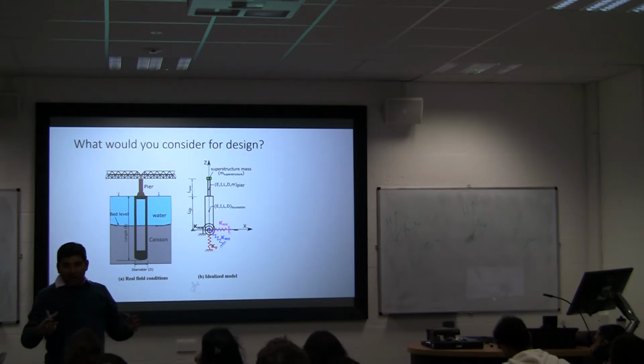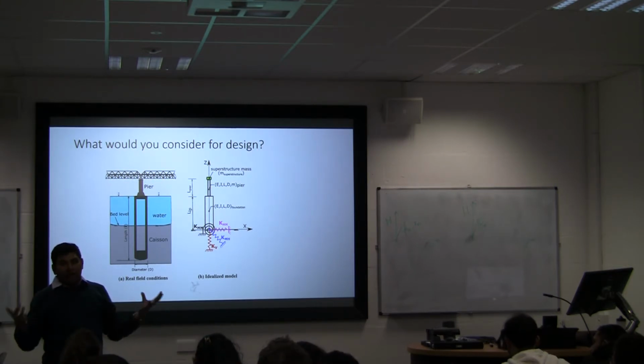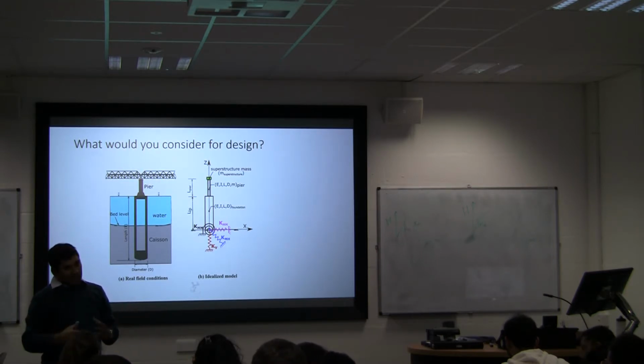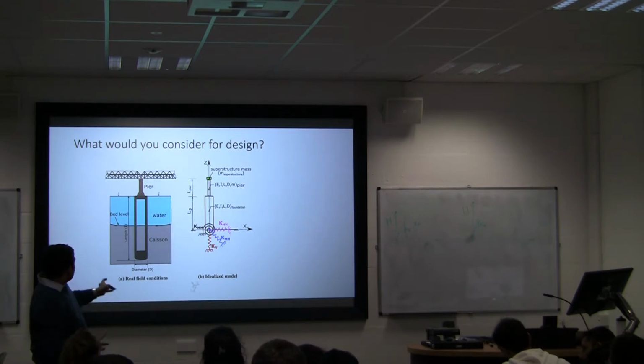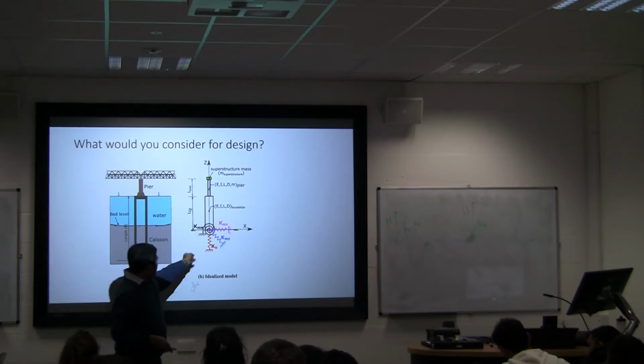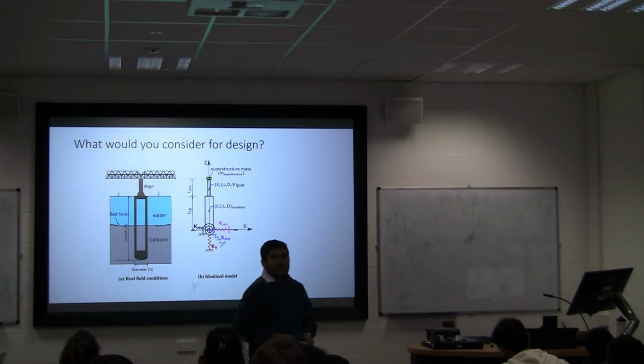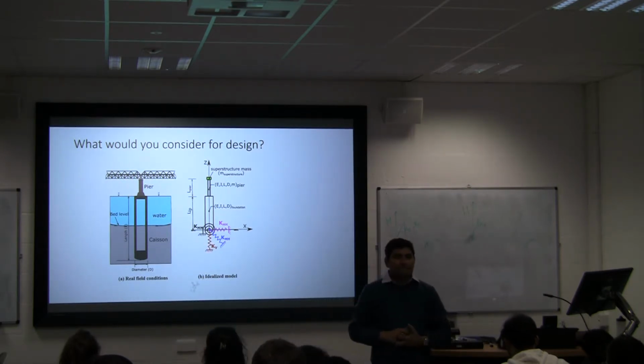A bigger pile or a bigger caisson will have a large stiffness. Also, a small pile in a stiff soil will have high stiffness. Right? So, do you know how to calculate these stiffnesses of foundations? Do you know?